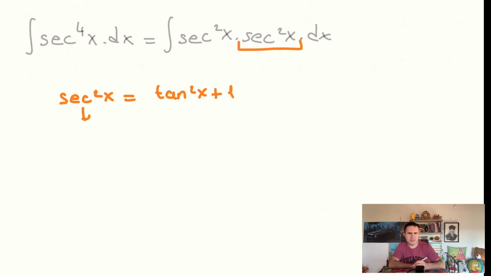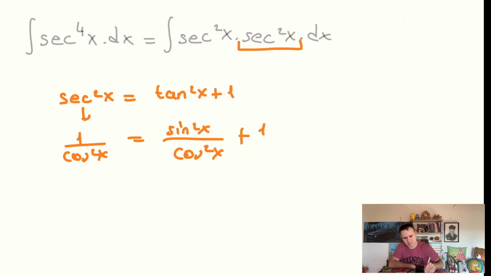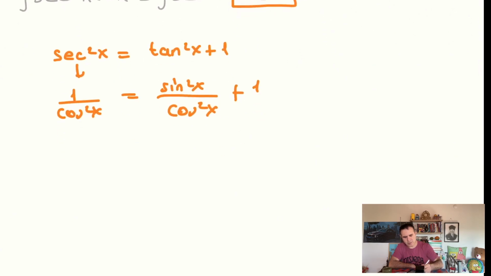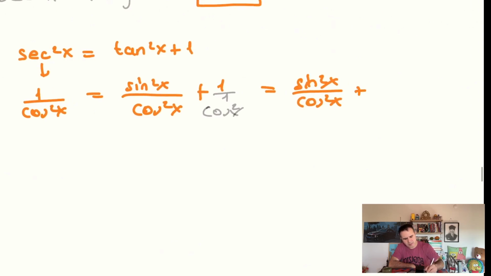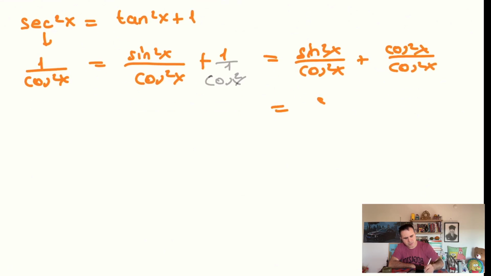If you write secant square of x as 1 over cosine square of x, and this is sine square of x over cosine square of x plus 1, you see that they are both equal. We have 1 here over cosine square of x, and this part will be sine square of x over cosine square of x, and this is cosine square of x over cosine square of x, and this will be equal to sine square of x plus cosine square of x divided by cosine square of x.